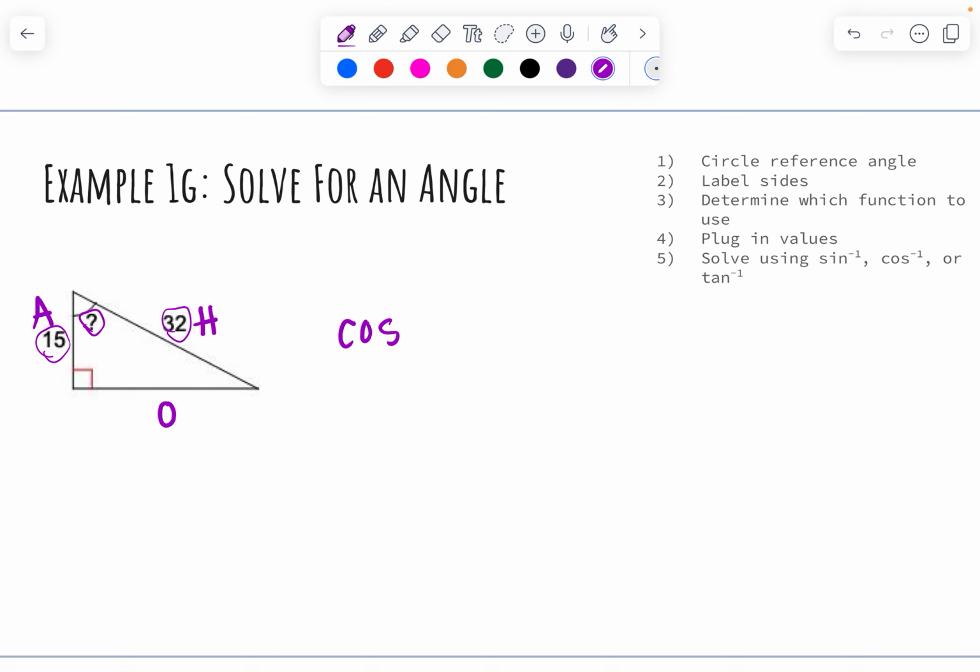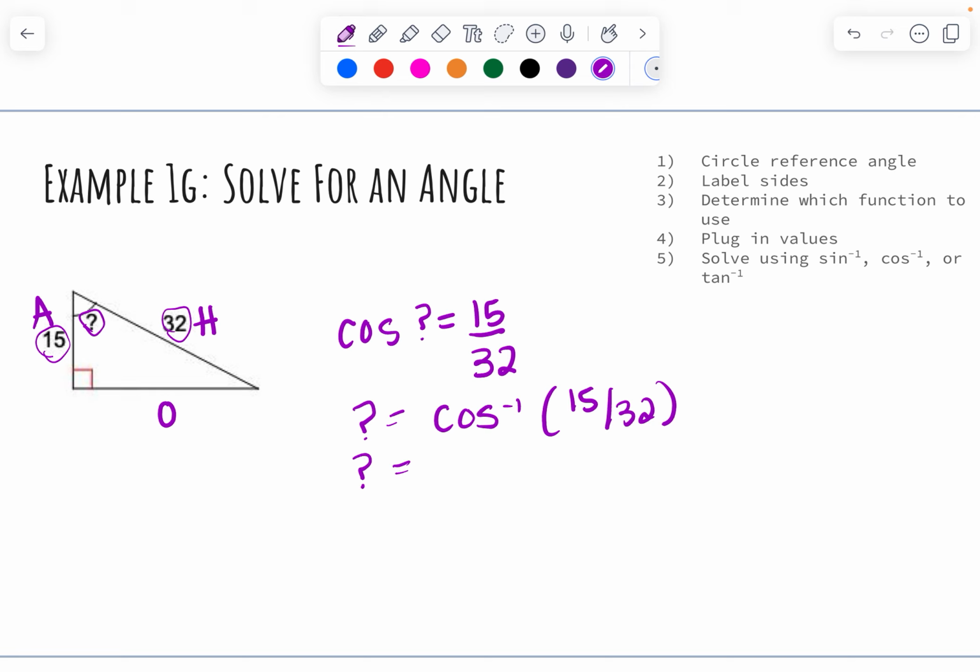So cosine of question mark is 15/32, which means our question mark then would be inverse cosine of 15/32. And putting that in our calculator, we would get that our question mark is about 62.05 degrees.